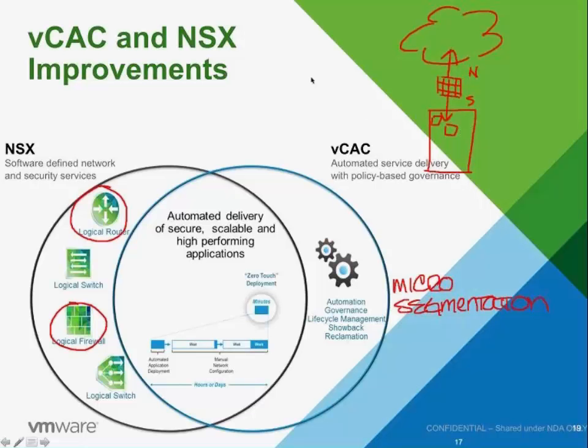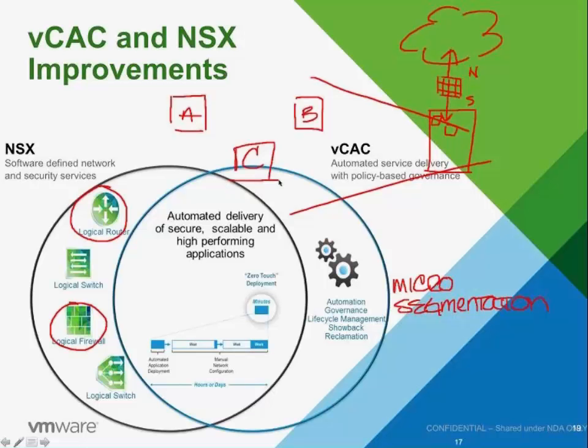But let's zoom in to that data center. And inside of that data center, you've got Department A, and you've got Department B and Department C. How are you controlling traffic between these departments?